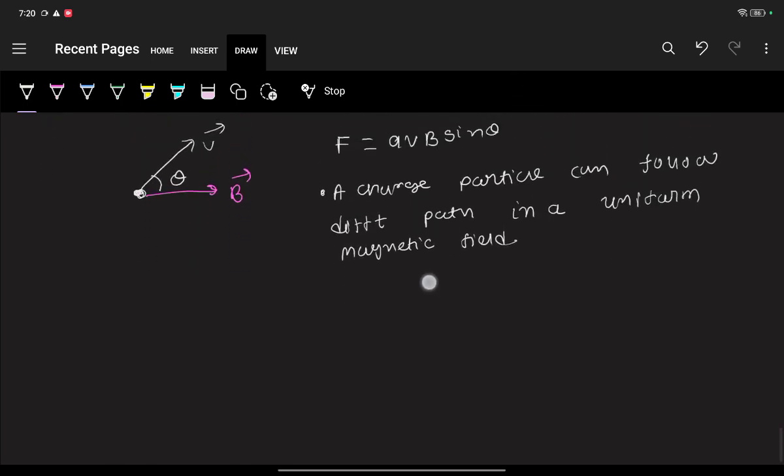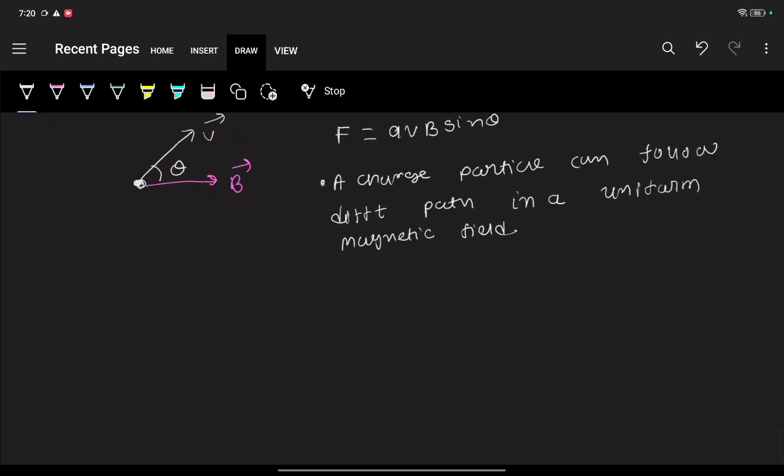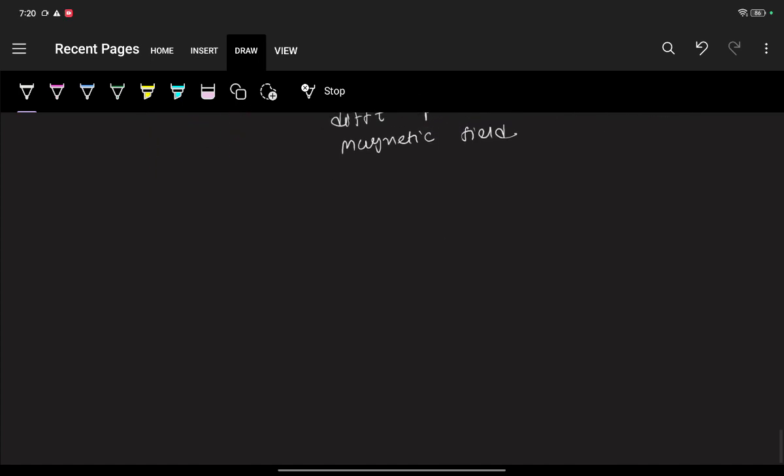So let's take different cases when theta is 0, theta is 180 degree, etc. And let's see what trajectory it takes.